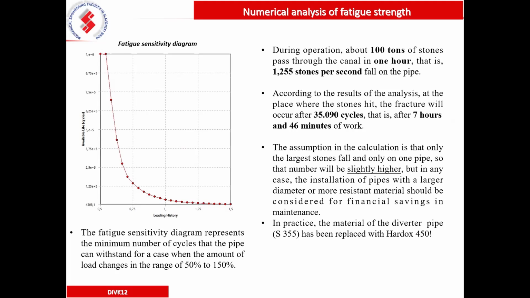So it means that something is different, but the difference is based on the fact that we used the worst scenario, because we just used the biggest stone falling down, not all the sizes of the fractions and other things. But in practice, to be sure, the material of diverter 5, which was a very good construction steel, has been replaced after some time with Hardox 450 at the end.